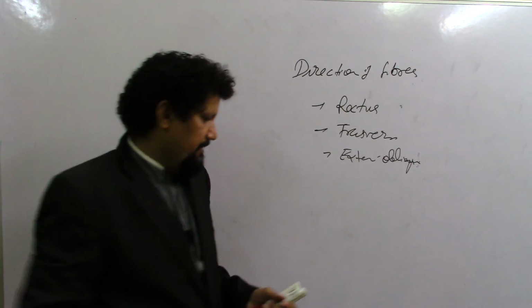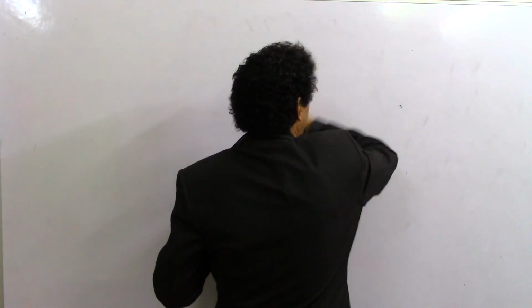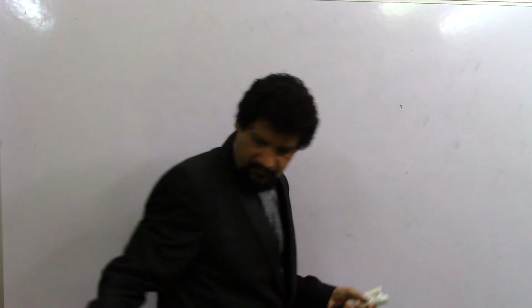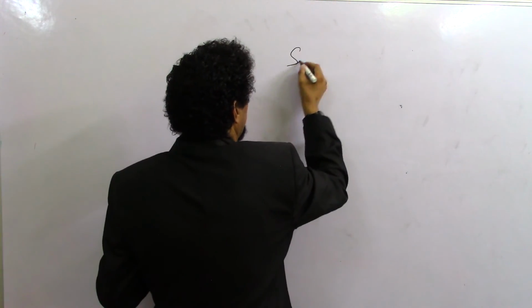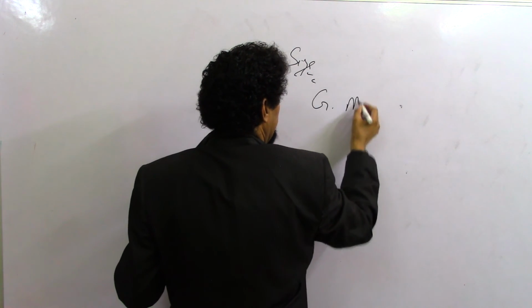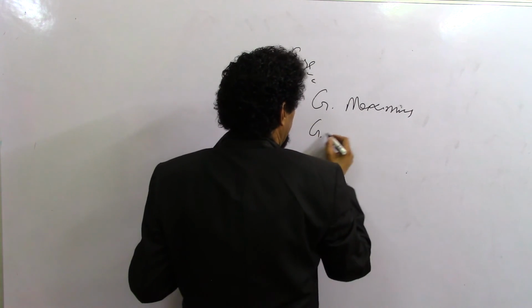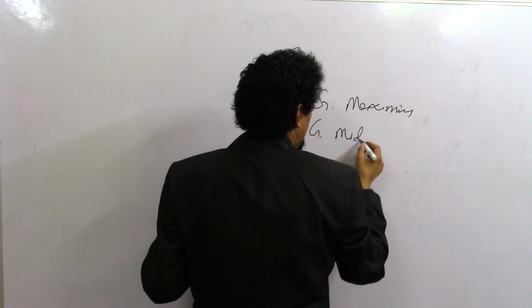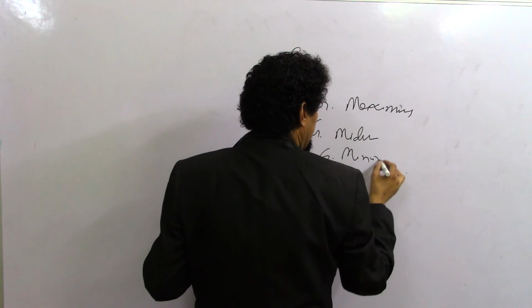When the name is according to the size of the muscle, the criterion is size of muscle: maximus, gluteus maximus, gluteus medius, gluteus minimus.